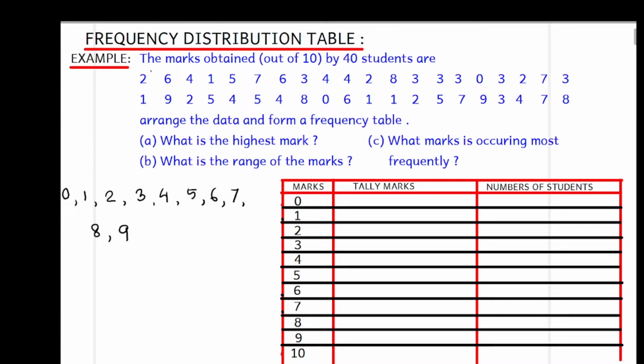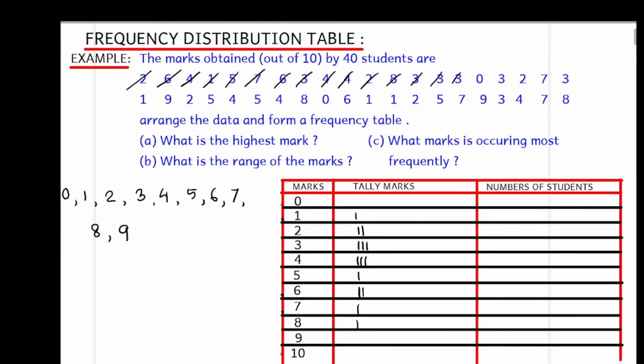See, the first number is 2. I will cut that 2. Then in tally mark I will give 1 stick. Okay. Then for 6, 1 stick. 4, 1 stick. 5, 1 stick. 7, 1 stick. 6, one more. 3, 4, 4, 2, 8, 3, 3, 3, 3, 3.